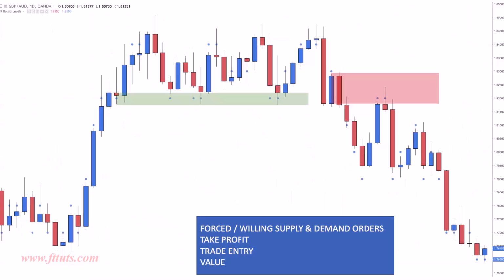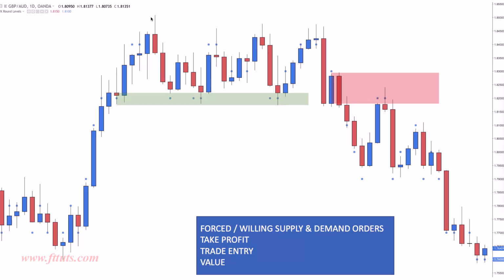If we move on to an example of this on the price chart, what we see is a level of demand, and then we will see traders who are looking to either enter, so willing demand at certain levels, or they will be looking to take profit if they entered around here.